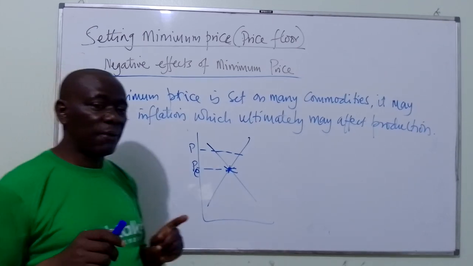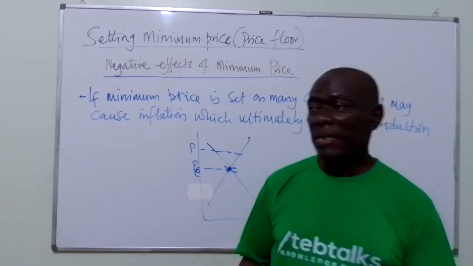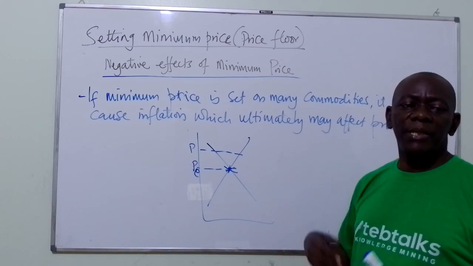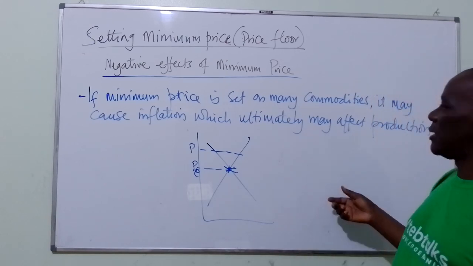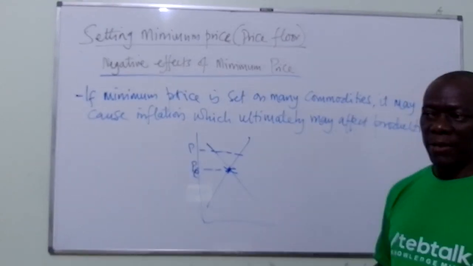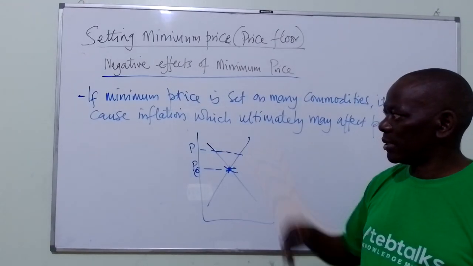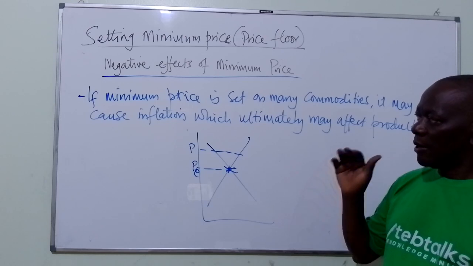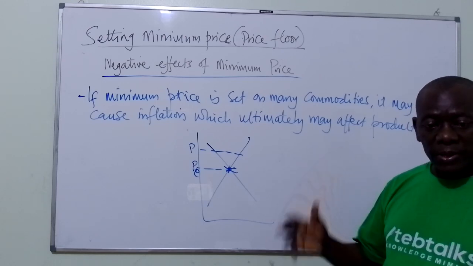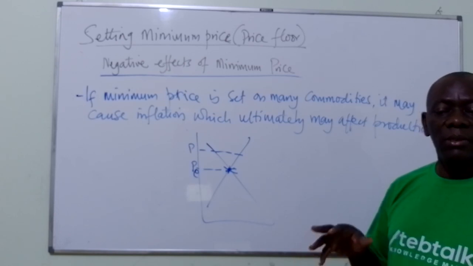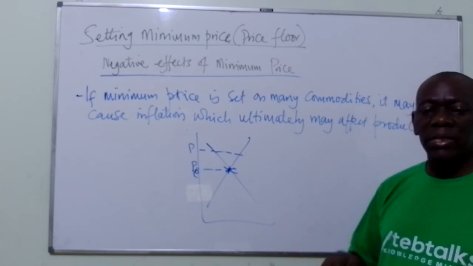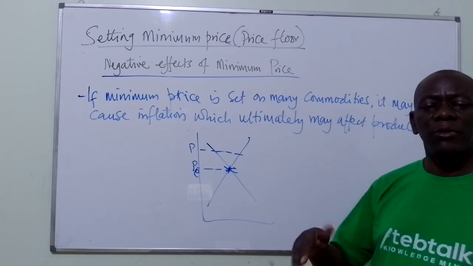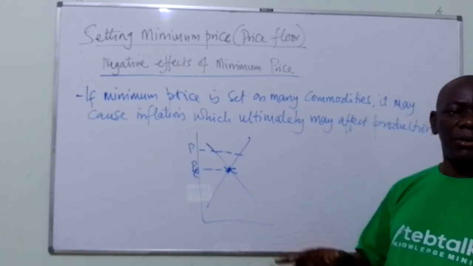So government has to be very careful when setting these minimum prices. If it is done on several commodities, that means the government itself is causing inflation in the country. And once this inflation comes in, as we shall see ahead when we are considering the topic of inflation, for whatever cause, it will finally lead to production reduction. And once that reduction is there, people go into speculation, because producers have abandoned production.